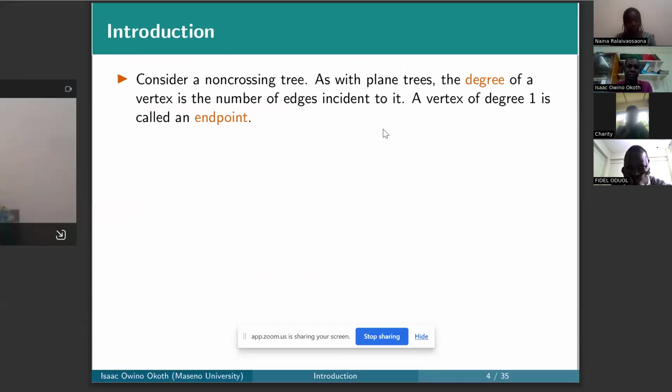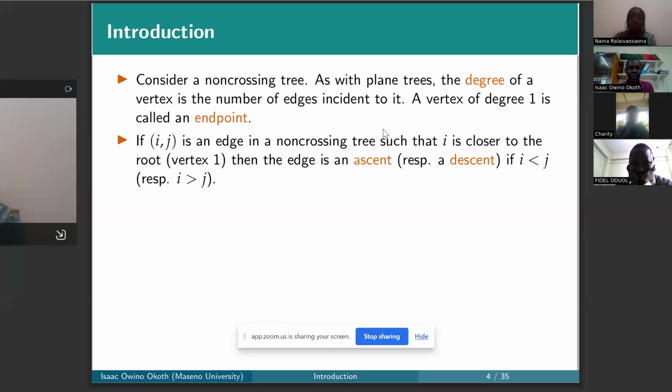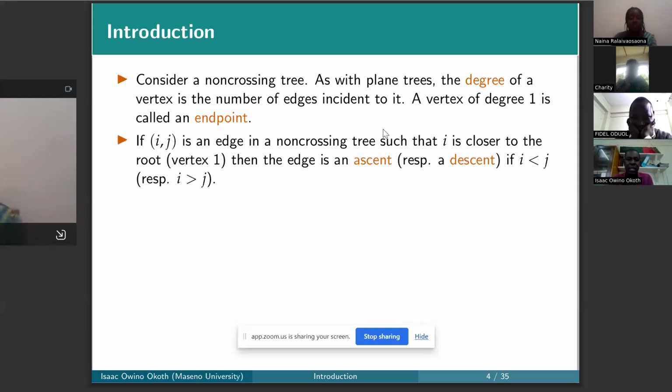As for a non-crossing tree, just like plane trees, the degree of a vertex is the number of edges which are incident to it, and a vertex of degree 1 is said to be an endpoint. We can also talk of ascent edges and descents. If ij is an edge, and i is the one that is closer to the root, and it happens that i is less than j, that is, j has a higher label, then that edge is said to be an ascent.